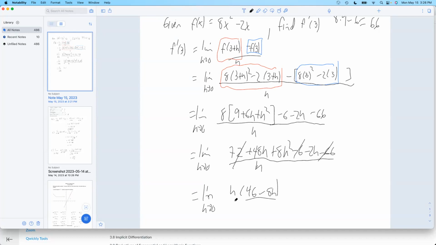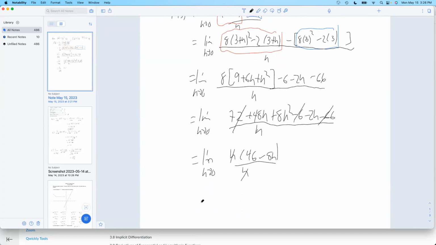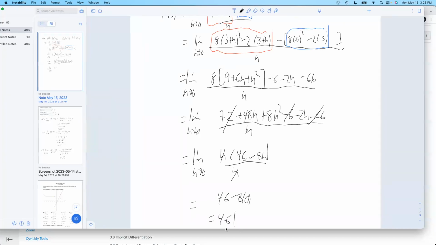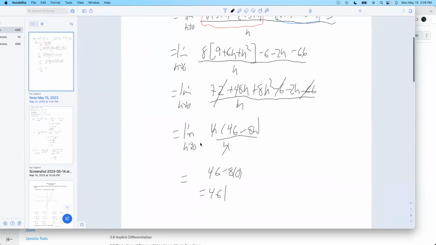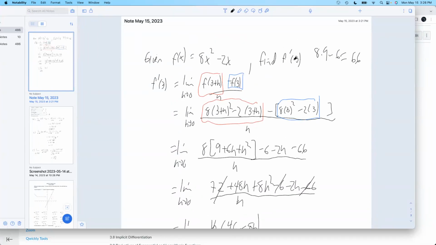Minus 8h over h. Cancel the h's, and now I can take the limit as h goes to 0 just by plugging in 0 for h. I get 46 minus 8 times 0, I just get 46. That is the slope of the tangent line to this function at that value.